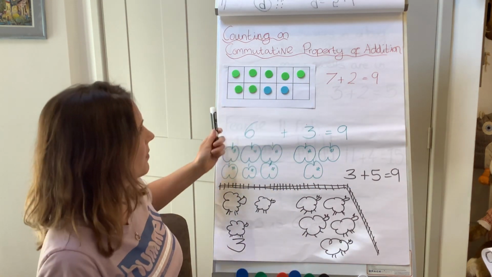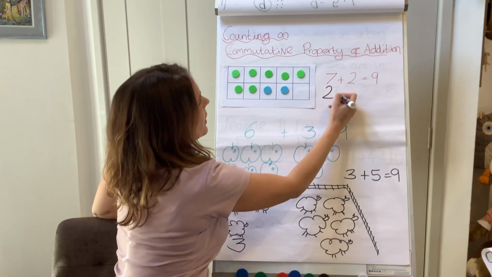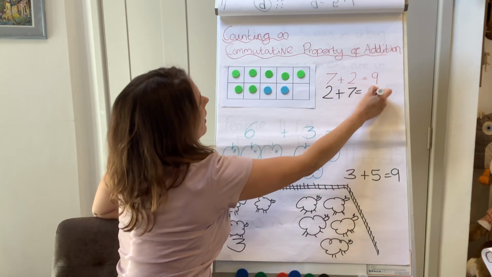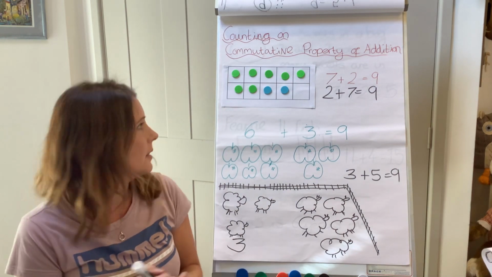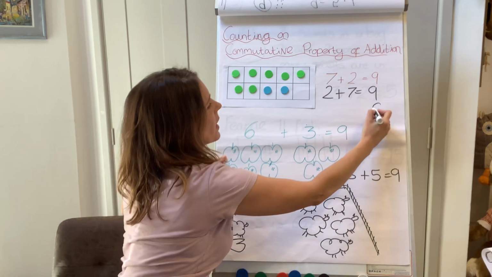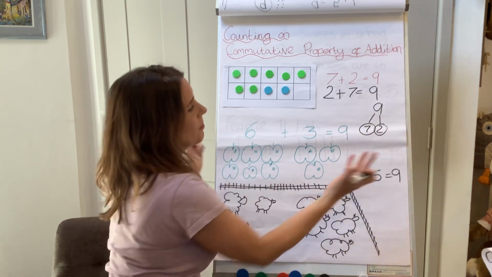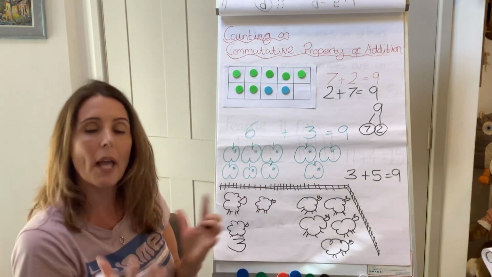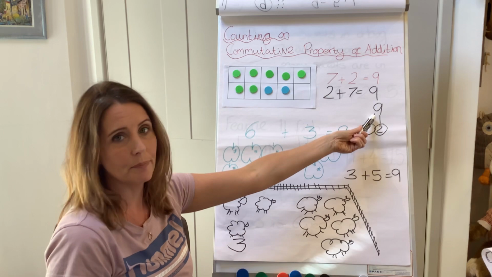We started with 7 and we added 2, but we could easily start with 2 and add on 7, and it would be 9. So that's what we've been looking at and building up to, is that the addition can happen, the parts can be in any order. So if we've got 9 made up of 7 and 2, it doesn't matter what order we add those parts together, we will still get the total of 9.